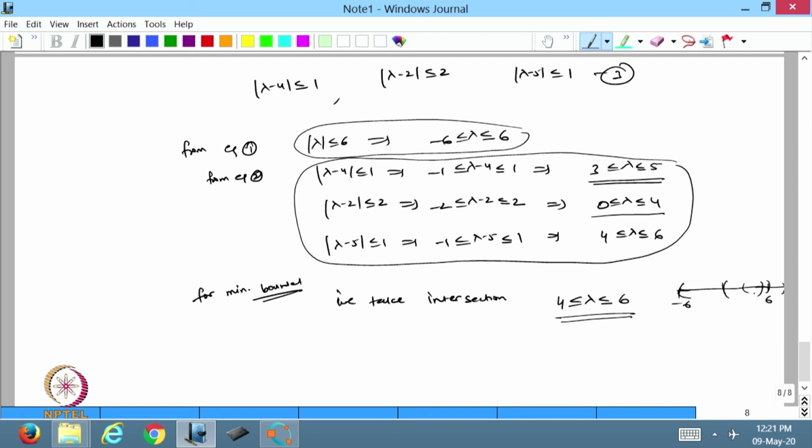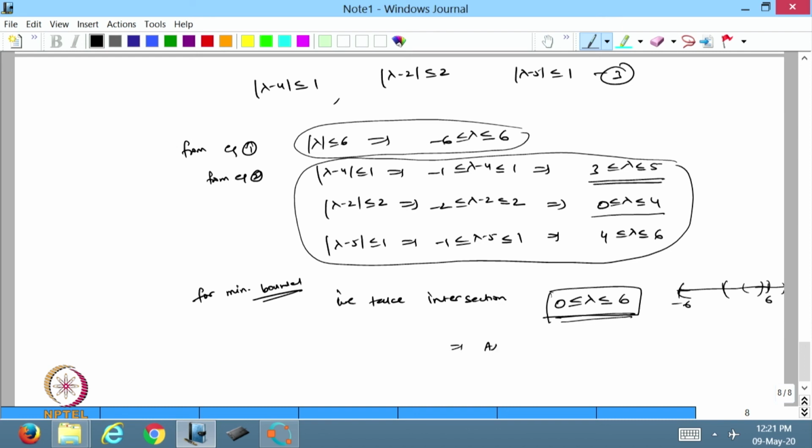Suppose I want to take the left bounds. The left bounds are minus 6, 3, 0, 4. If I take the intersection in this case, from the left-hand side I will get 0, and from the right-hand side I will get 6. So, that is the tightest bound we get.